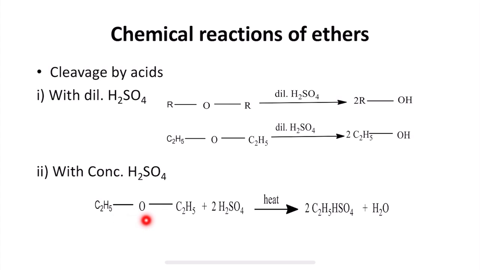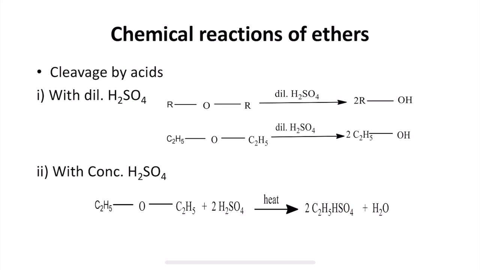When C2H5OC2H5 is treated with concentrated sulfuric acid and warmed or heated up, we are going to get alkyl hydrogen sulfates. C2H5 is an alkyl. Since hydrogen is present, alkyl hydrogen sulfate is obtained along with the removal of a water molecule.